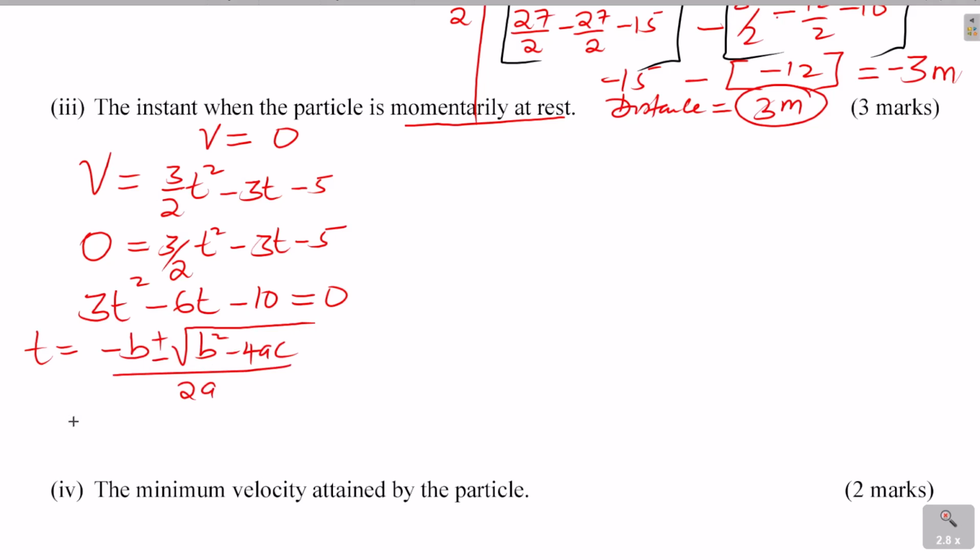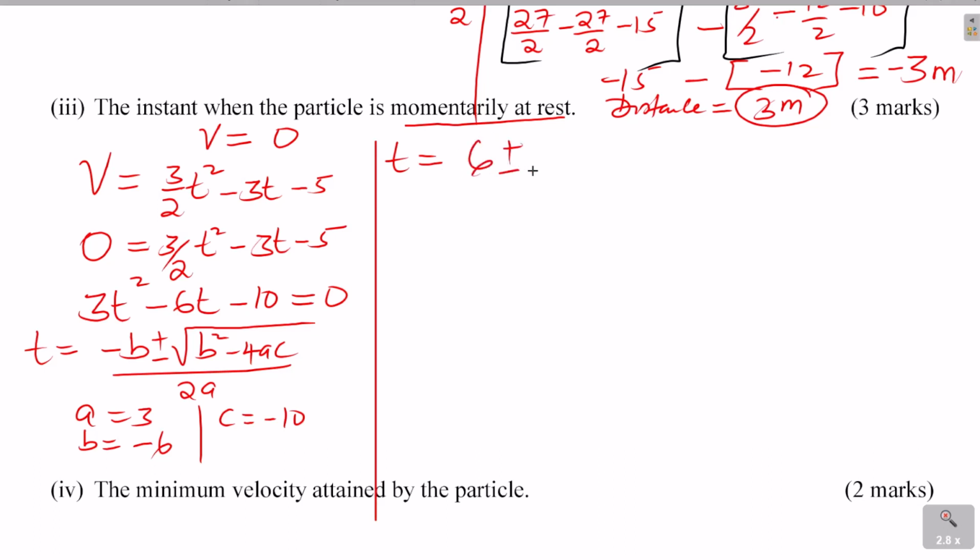where in this case a will be 3. These are the values that you're going to substitute. Then b is negative 6, and c is equals to negative 10. So substituting these values to get the value of t. So t is equals to 6 plus or minus the square root of b squared, which gives 36, minus 4ac.